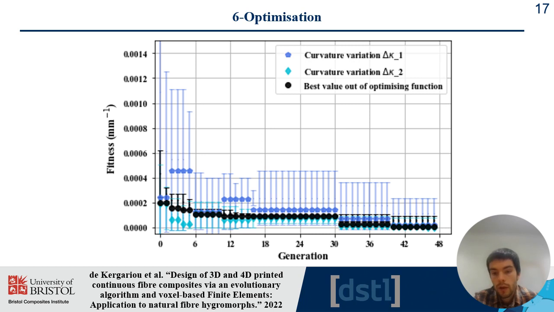So I'm going to go very quickly on this graph. It's basically a convergence graph. It shows how the different curvatures are converging. In the previous slide, there are different coefficients that you can assign for the different curvatures that you want to converge, and this will make them converge more or less quickly. For us, curvature 2 was the most important, so we made it converge quicker.